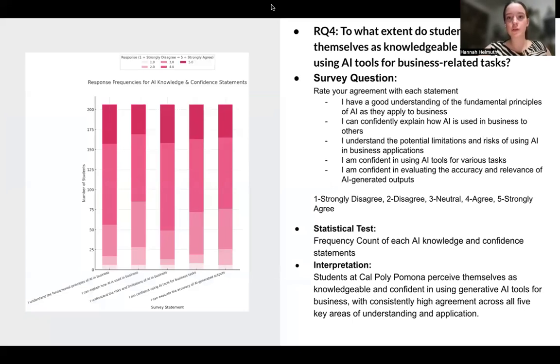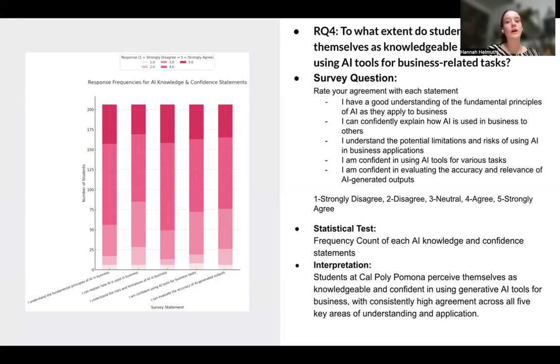For research question four, we looked into to what extent students perceive themselves as knowledgeable and confident in using AI tools for business-related tasks. The survey question was a Likert scale question. You rated your response from 1 to 5, strongly disagree to strongly agree.